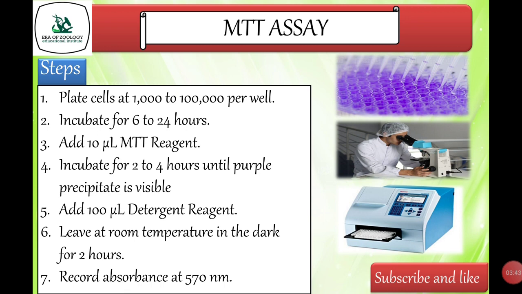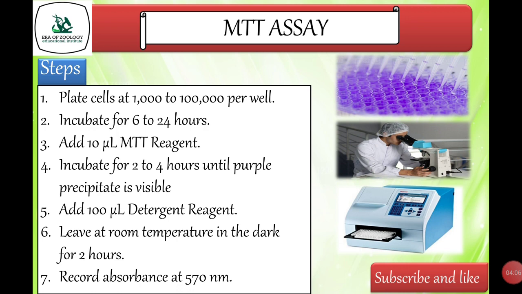Then add 10 microliter MTT reagent. Here I wrote 10 microliter on the basis of 1K to 100K cells per well, but sometimes the 10 microliter value is changed depending on the density of cells.